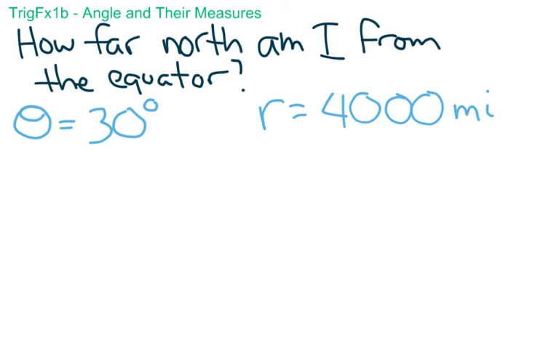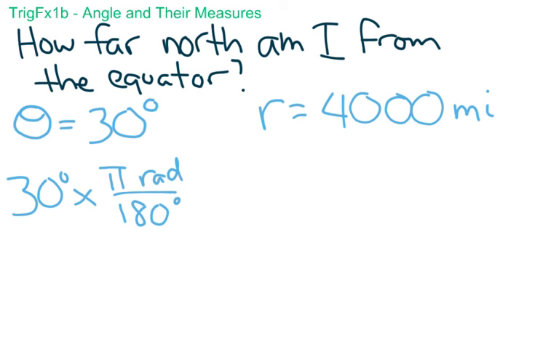In other words, the distance along the surface of the Earth, which is a circular sphere, we're just thinking about it in 2 dimensions for now, just my location north of there. So the first thing I need to do in order to use that formula is I need to convert 30 degrees into radians.